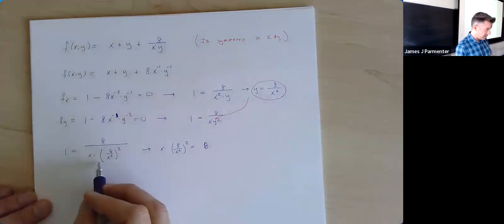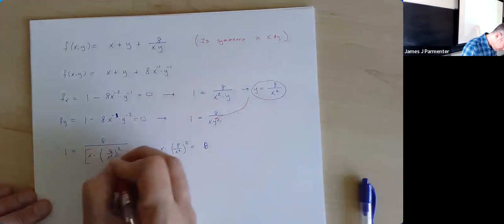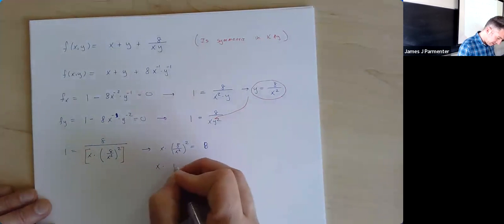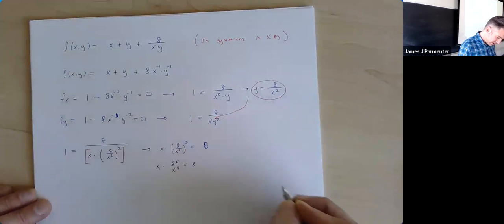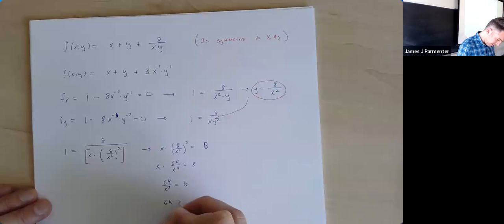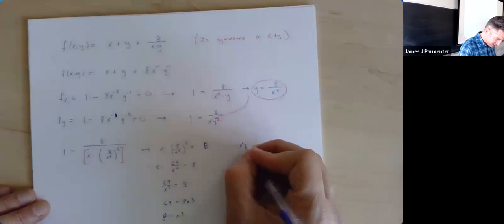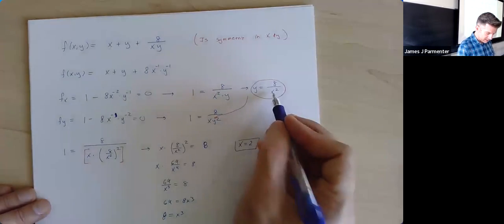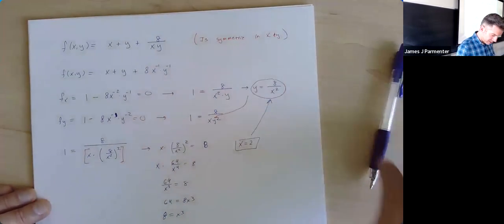Right, it's multiply both sides by this denominator here. So then I can simplify. I've got x times 64 over x to the 4th equal to 8. I've got 64 over x cubed equal to 8. I've got 64 equal to 8x cubed. 8 is equal to x cubed. So I got x equal to 2. And similarly, if I plug in 2 here, I'm also going to get y equal to 2.